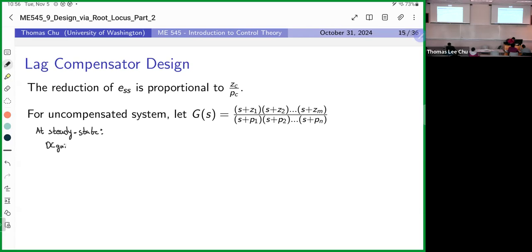So the DC gain of the system is basically finding the steady state value of G of your plant.